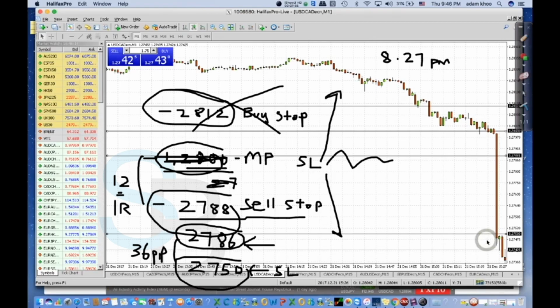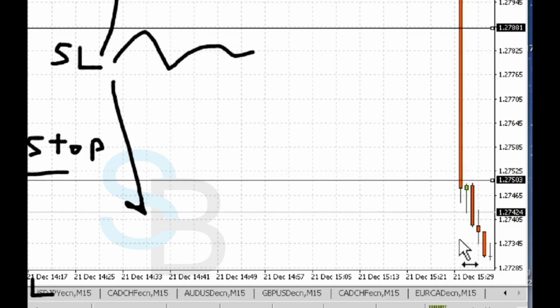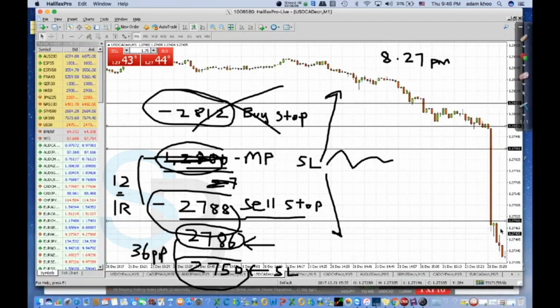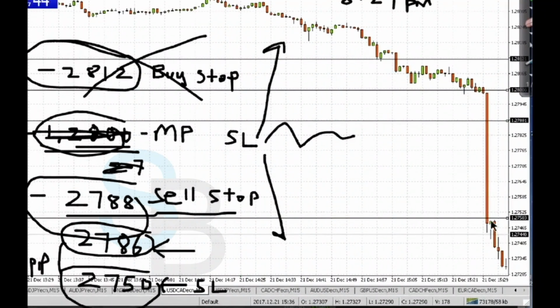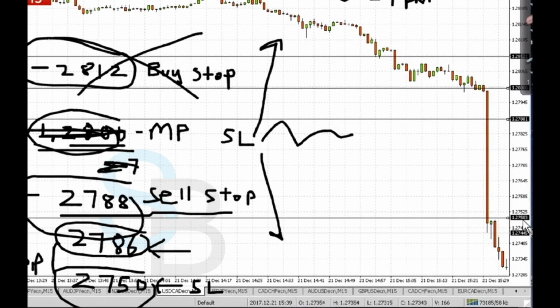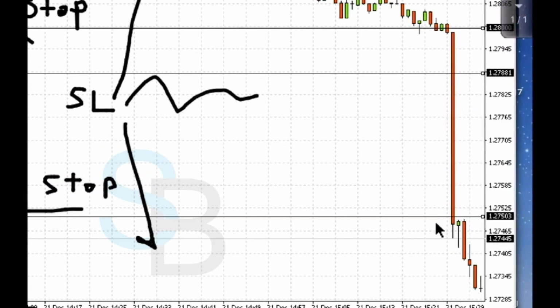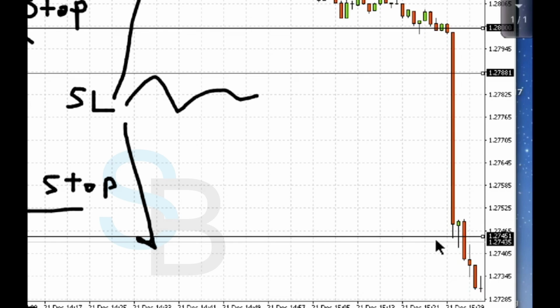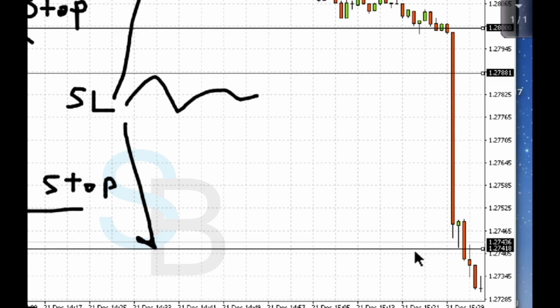And it went down to 2738 thereabouts. So when that happened, I thought, you know what, I'm going to protect more profits. So I then shifted my stop loss from 2750 to 2740.